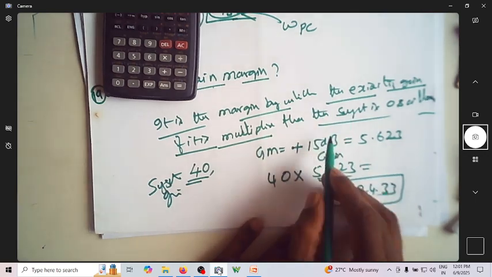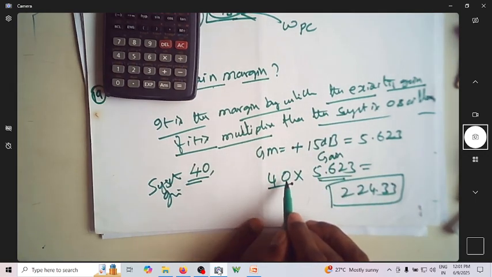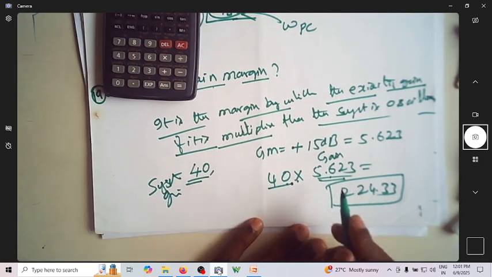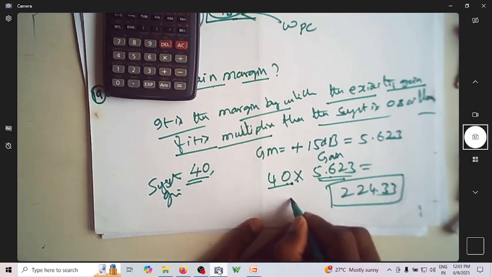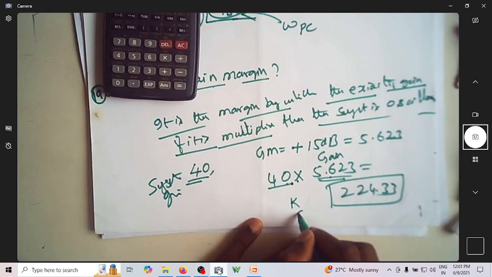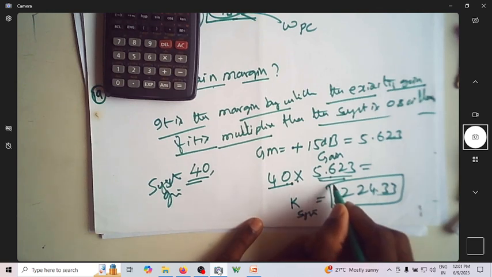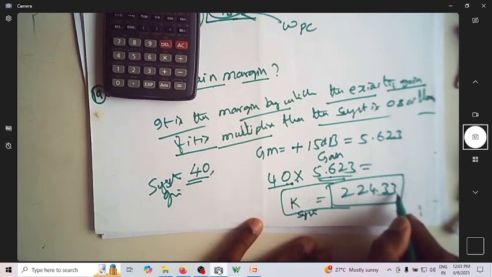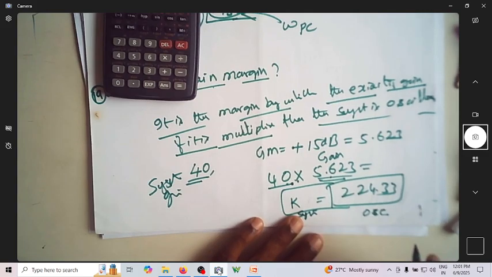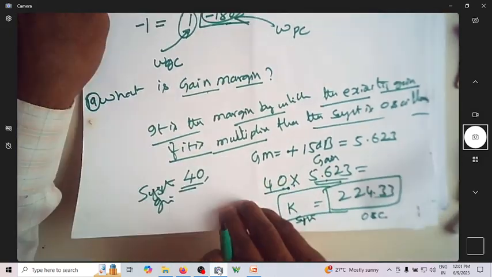It is the margin by which the existing gain, if multiplied by it, makes the system oscillatory. At a k value of 224.53, the system is oscillatory.